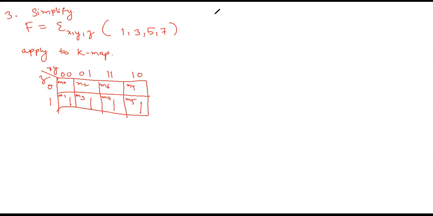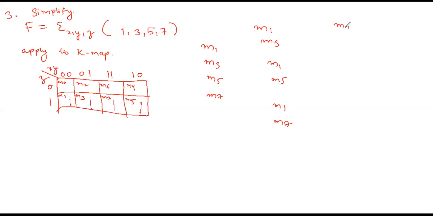Now, try to form the group, similar to the previous exercise. We have M1, M3, M5, M7. So you have to write down the combinations: M1, M3; M1, M5; M1, M7.